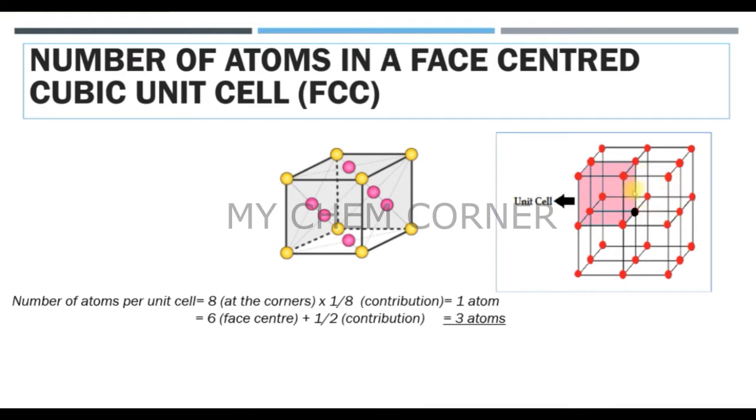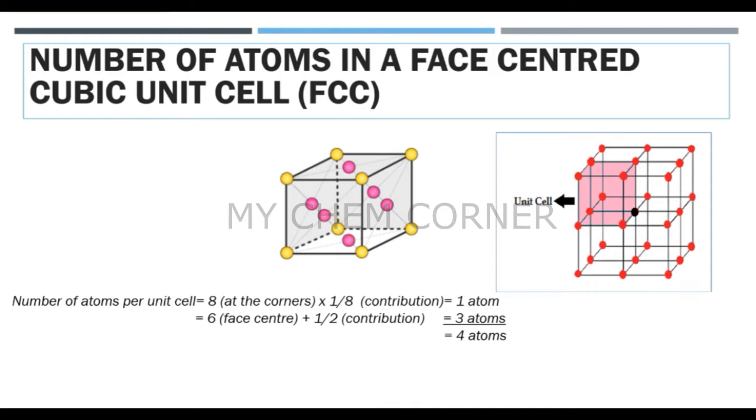So the sphere in the center is being shared among 2 cubes. Therefore, I'm writing 1 sphere shared by 2 cubes here. So at this particular face center, that sphere is shared with the pink cube and the one next to it. That's why it's 1 by 2 as contribution. When I solve this, it will be 3 atoms. So a total of 4 atoms belong to 1 unit cell of FCC.